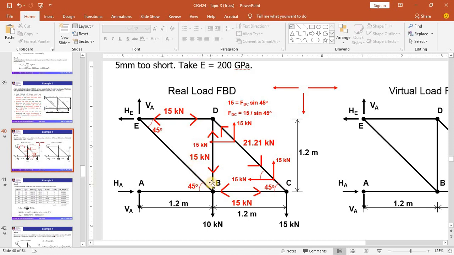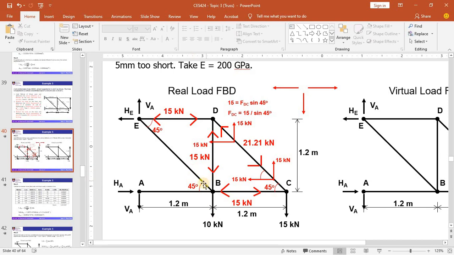Okay, by considering the summation of forces equal to 0, we know that the 15 kilonewton internal force from DB is acting downwards. Similarly, the external force of 10 kilonewtons is in the same direction, downwards. So the total force vertically downwards is equal to 25, and the left over force comes from the vertical component of this member.